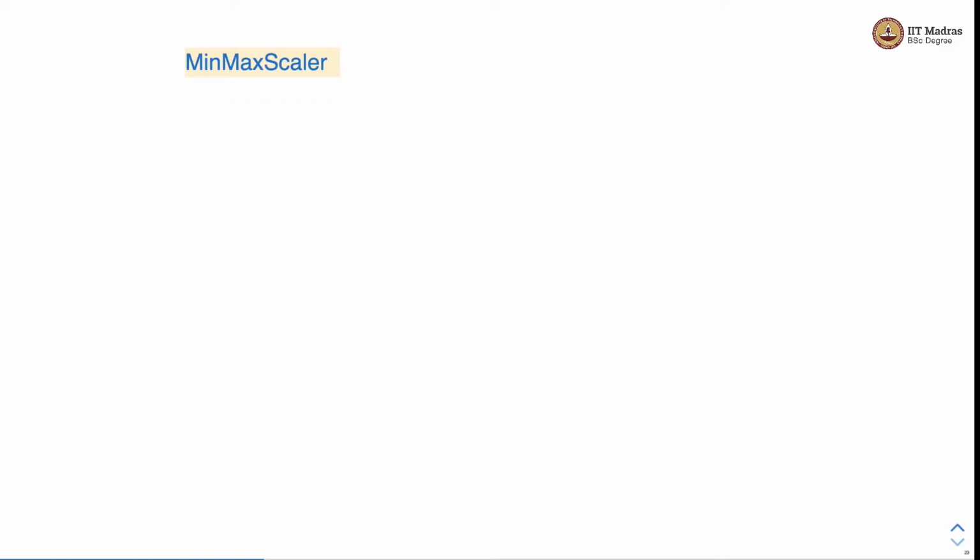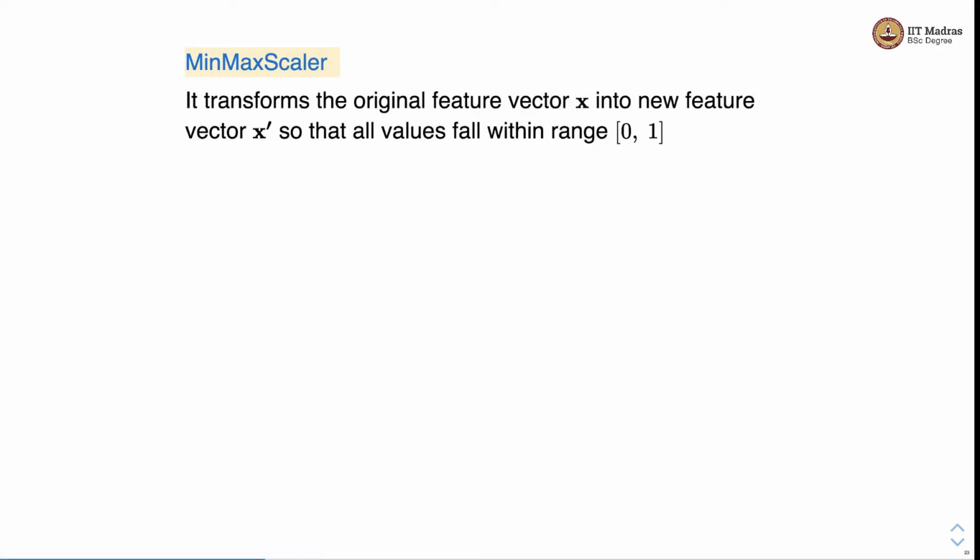The MinMaxScaler is another way to perform feature scaling. It transforms the original feature vector into a new feature vector so that all values fall within the range 0 to 1. It achieves this with the following formula.